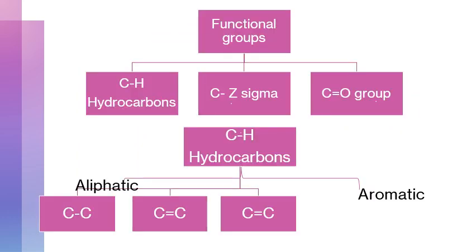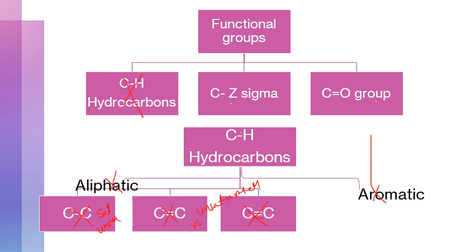So far we have been discussing these groups. They are hydrocarbons. We discussed aliphatic, what is the meaning of aromatic, single bonded, double bonded, and triple bonded. We also discussed that this is saturated and very unreactive, and that these two are unsaturated, so they are reactive.